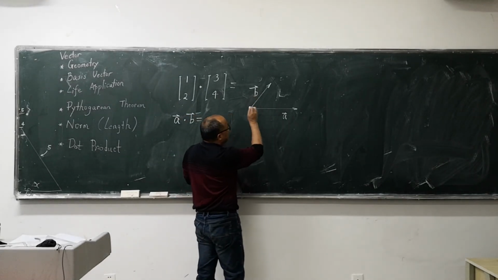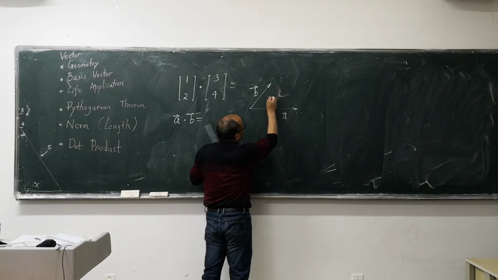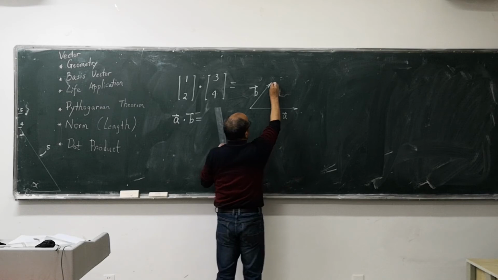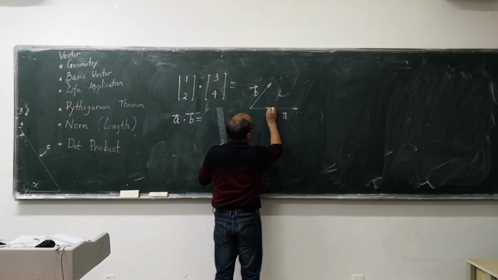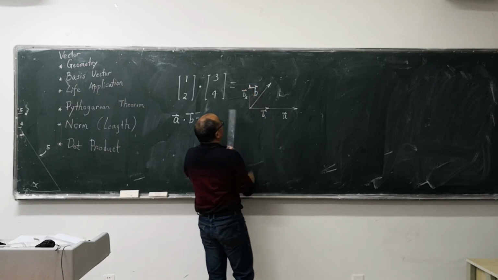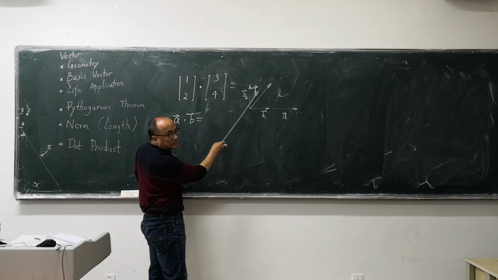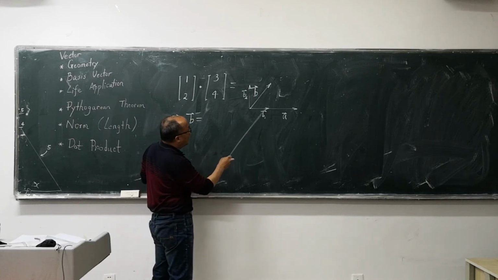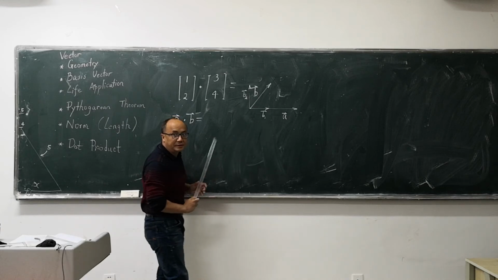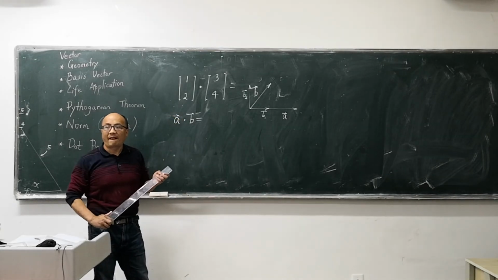Look at B. You can look at B as two components, like I said in the beginning: B1 and B2. B1 plus B2 equals B. Do you see it?